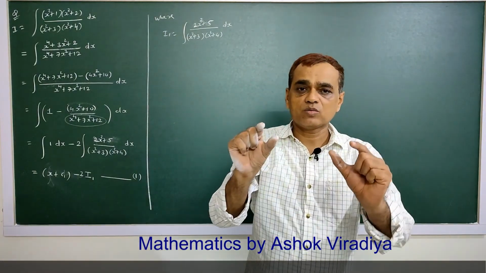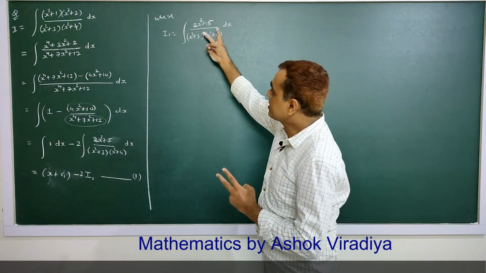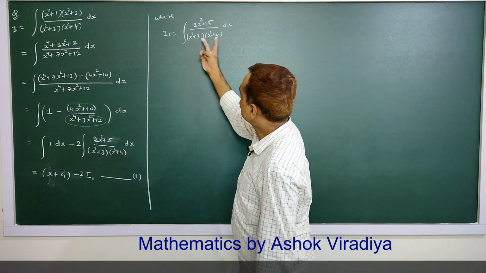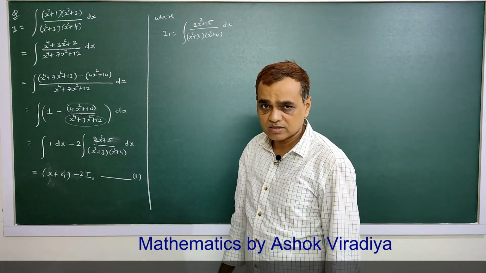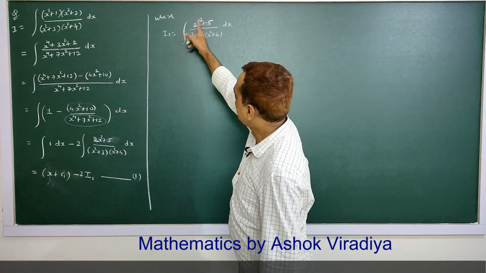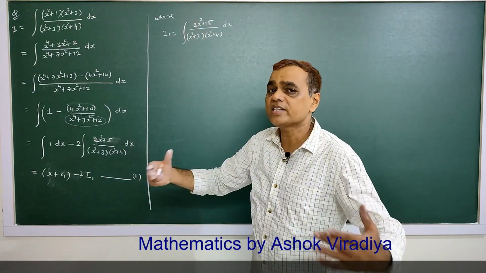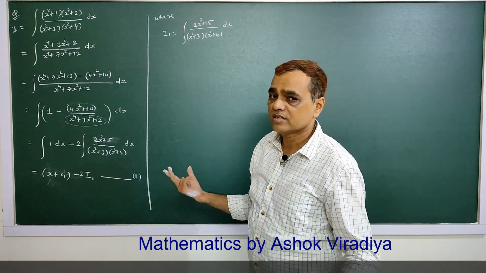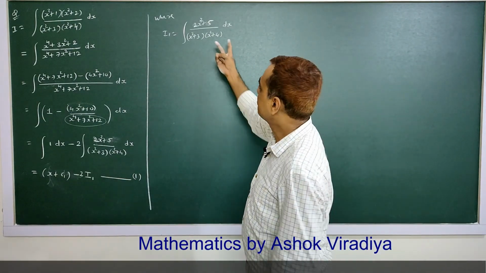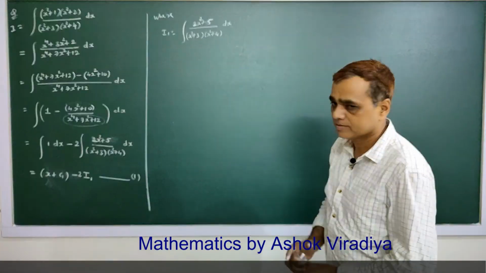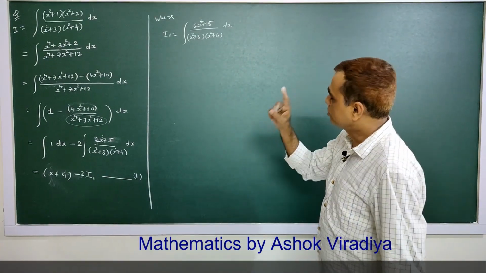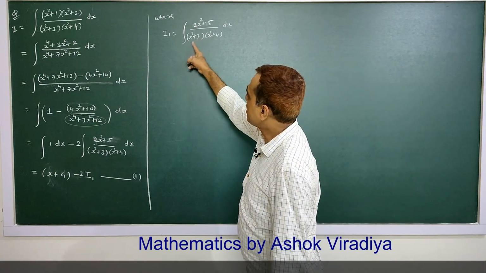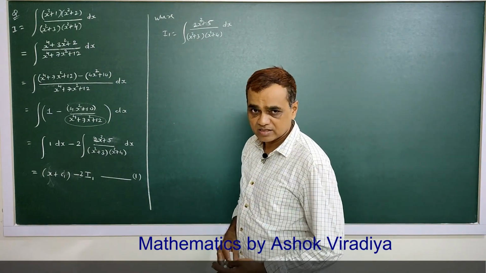Now look, can the numerator be expressed as a combination of these two factors? Everywhere x^2. So as I discussed in the last question, the numerator can be expressed as a combination of both factors which are in the denominator.